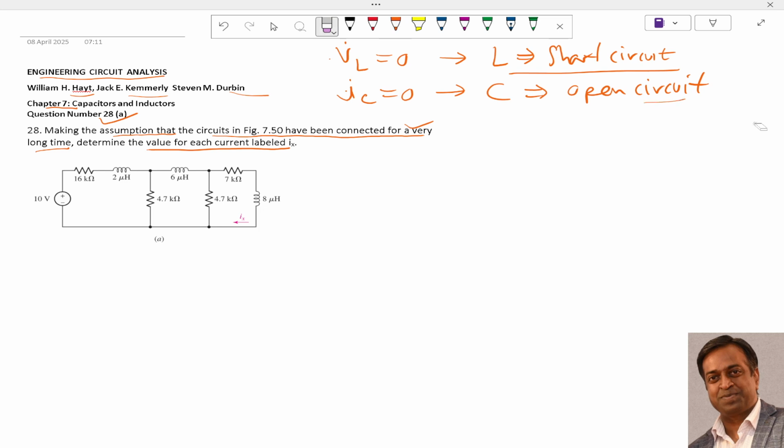Using this concept, we can redraw this particular circuit, and simply replace all these three inductors with a short circuit. So our circuit will be like this.